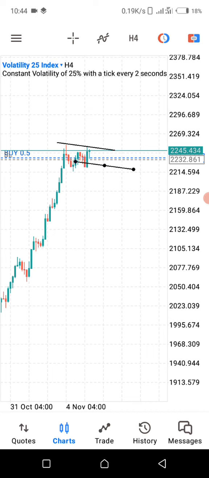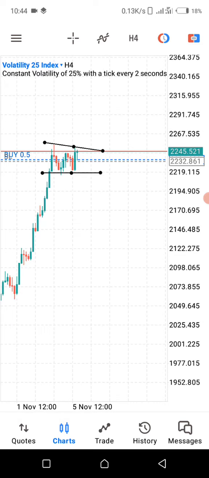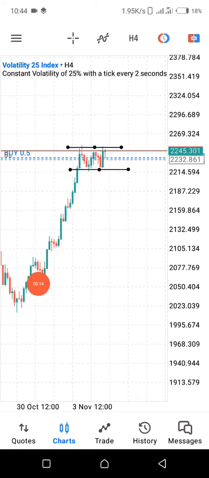You can see it's looking like a flag. So the market is actually ranging between these two lines. As you can see, it's looking like a flag, from the move that started from this downside all the way to the upside.